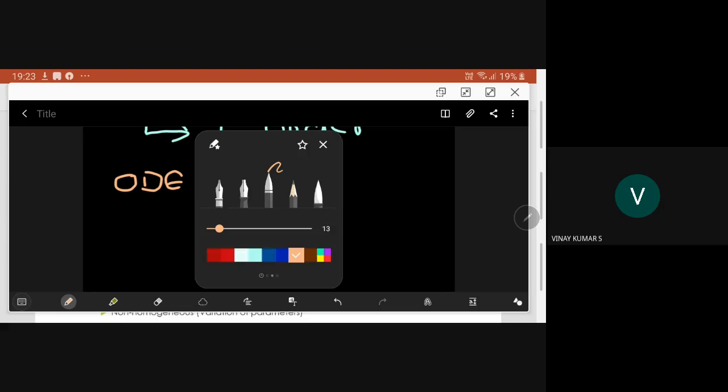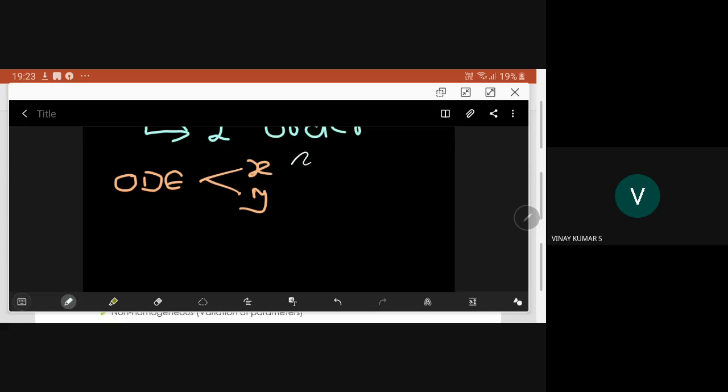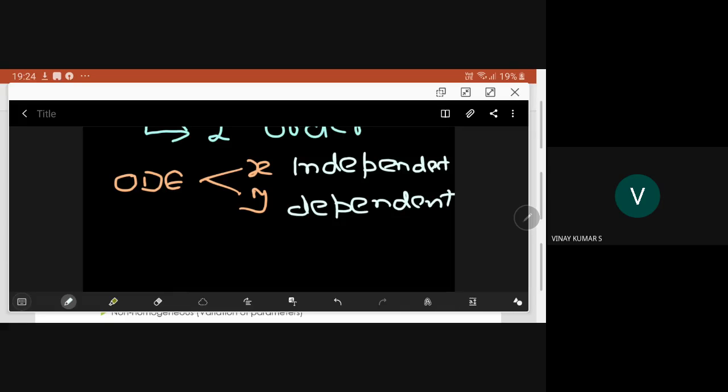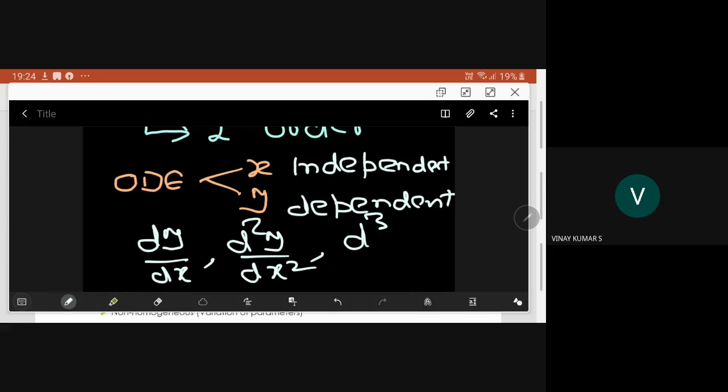This x is considered to be always, during our discussion, the independent variable, and y is the dependent variable. Then we can talk about dy/dx, and we can talk about d square y by dx square. These are all ordinary derivatives. This is the second order derivative. The third one is d cube y by dx cube, etc.